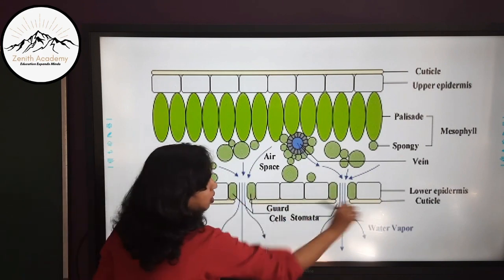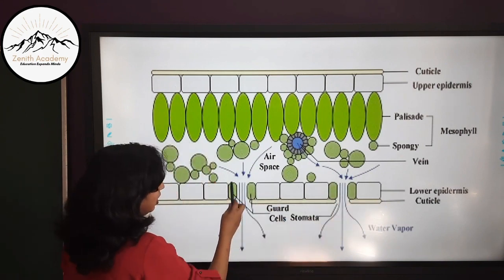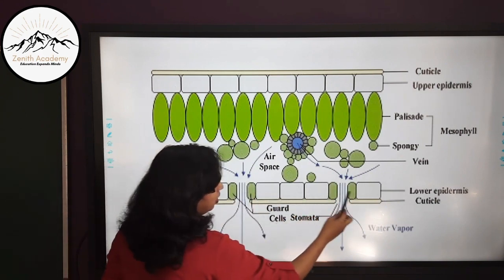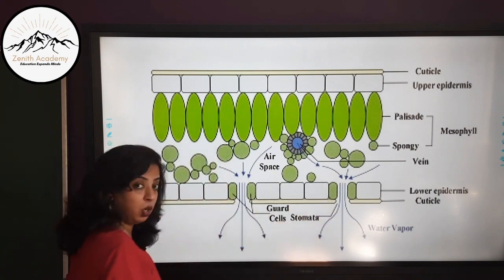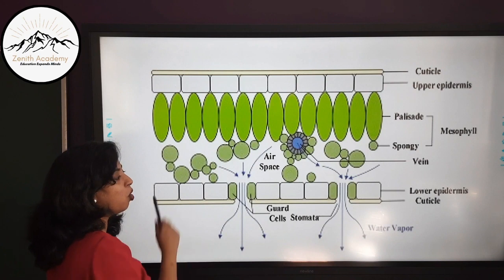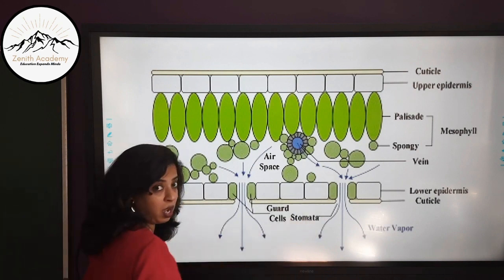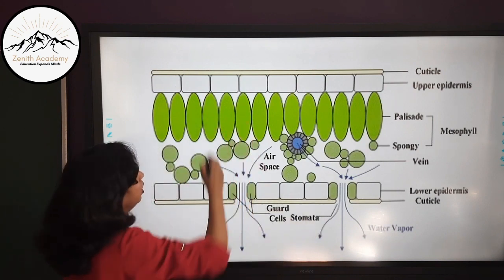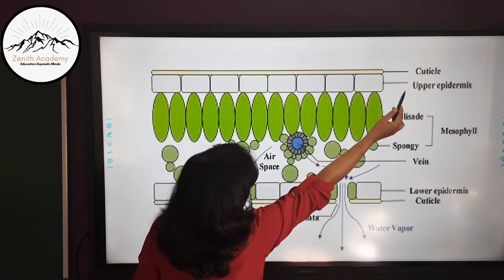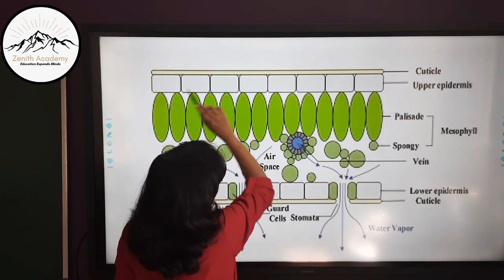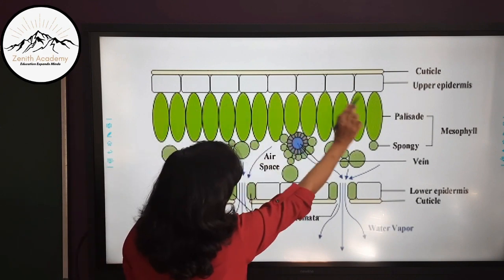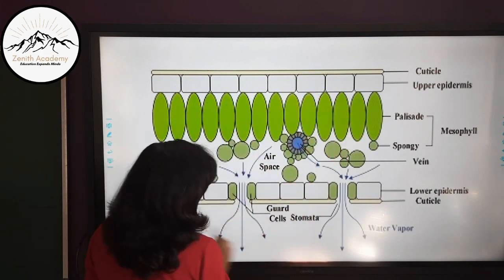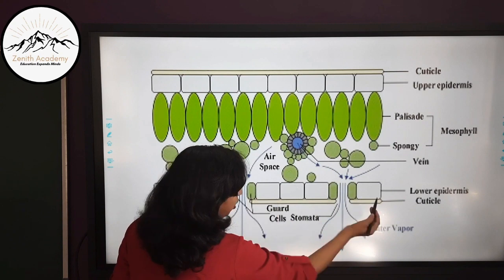Here you will see that stomata are present in the lower epidermis. Most of the time, more stomata are present in the lower epidermis than the upper epidermis. The waxy coating is the cuticle. So the front thing that we can touch is the cuticle, and then there is the upper epidermis. Below also there is cuticle and lower epidermis.